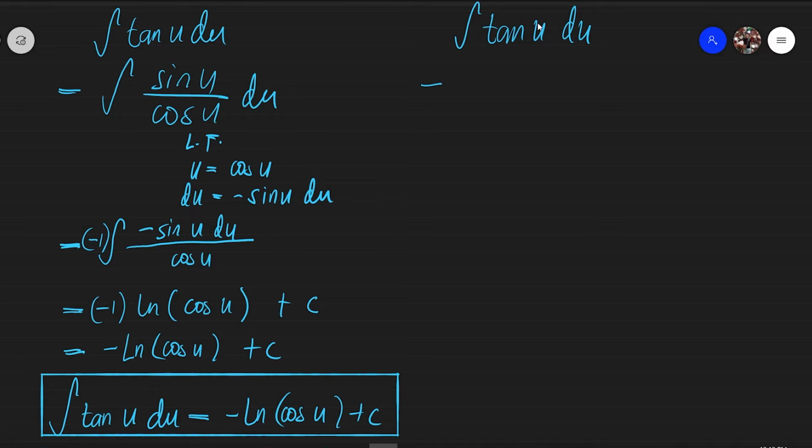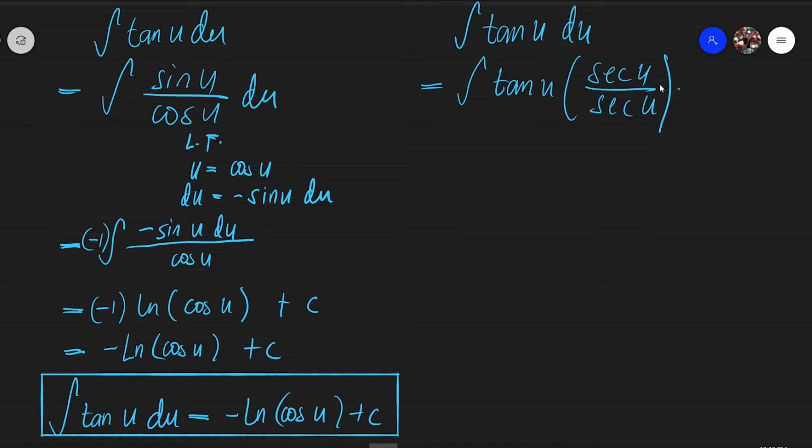So this is actually equal to, if we multiply your tangent u, you can multiply this by secant u over secant u. Right? The value secant u over secant u is just equal to 1. So if you multiply it by tangent u, the value of tangent u will not change. So indeed, this quantity right here is just equal to the previous given function, the integral of tangent u du.